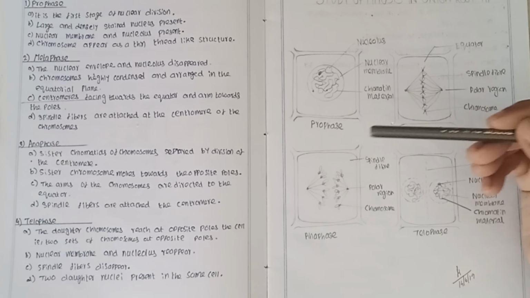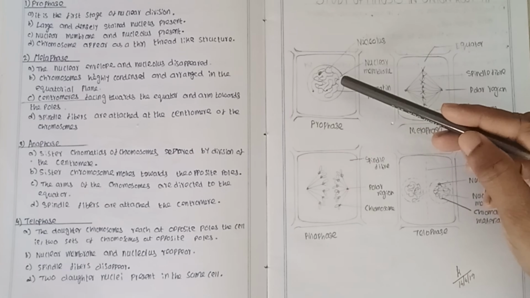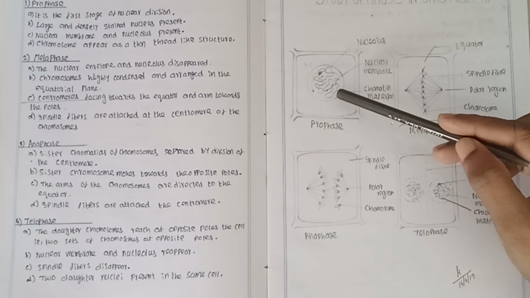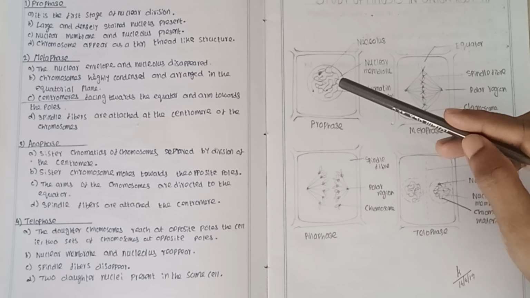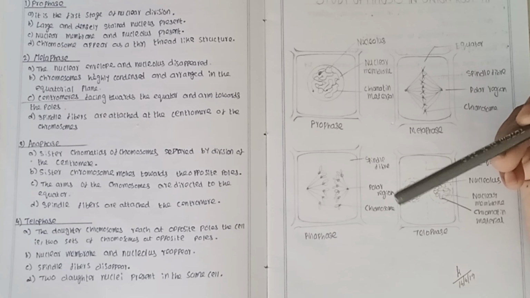The chromosomes appear as long threads and start coiling. The nucleolus enlarges and becomes less distinct.